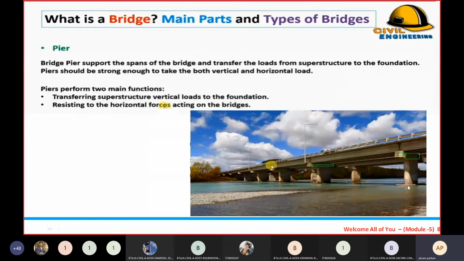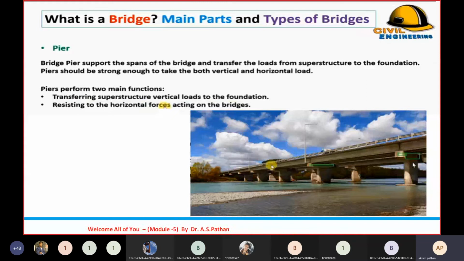Then another important thing that we should look into is the piers. Okay, so what are piers? These are the vertical members. In the case of buildings, we call it a column.